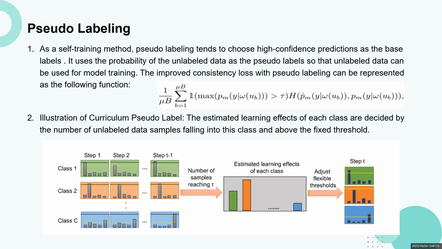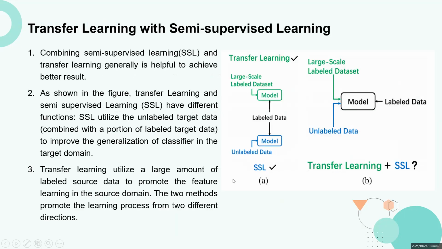The improved consistency loss with pseudo-labeling can be presented as the following function. The picture below shows the illustration of curriculum pseudo-labeling. The estimated learning effect of each class is decided by the number of unlabeled data samples falling into this class and above the fixed threshold.